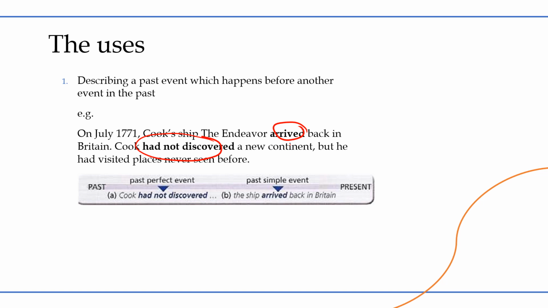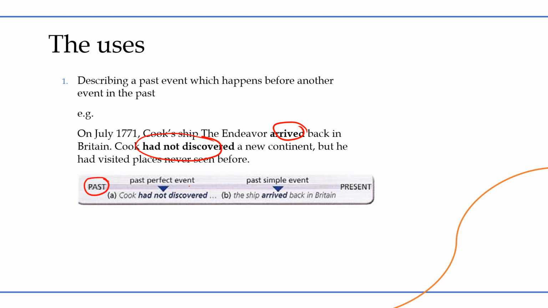So in this case, when you want to show an event happened before another event in the past, you can use past perfect for the first event, and then simple past for the second or the following event in the past. To make it clear, you can have a look at the figure here.